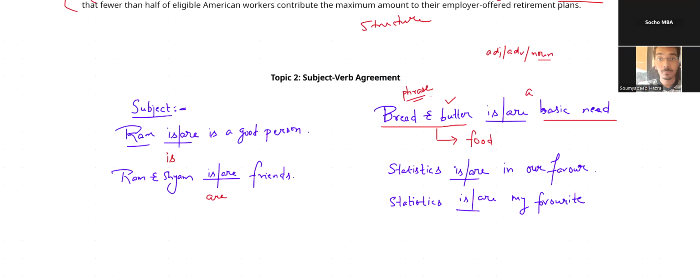What is written below? My favorite. No, the word before the is. Is an R. Statistics. Okay, statistics. Is it, right? Got it. Now, in this one, we use R. In this one, we use is. Right? Why? Because the meaning of this statistics is numerical analysis.